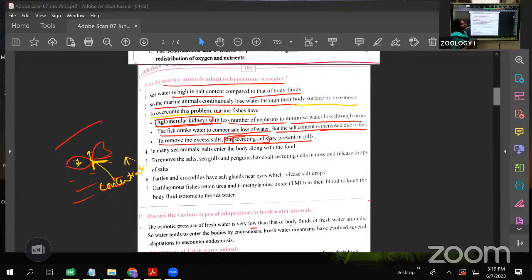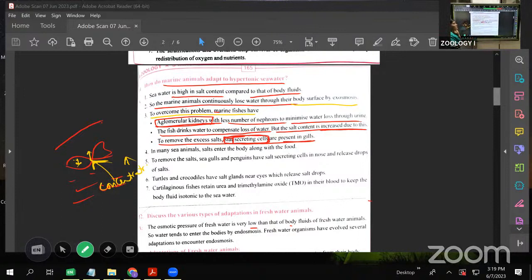But the body then has more salt content. To remove that salt, they have a special adaptation. Special cells called salt secreting cells are present inside the gills.